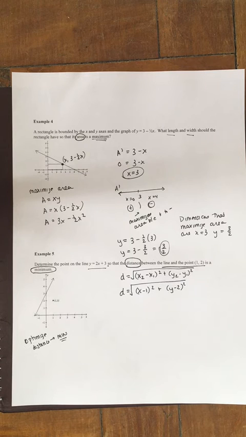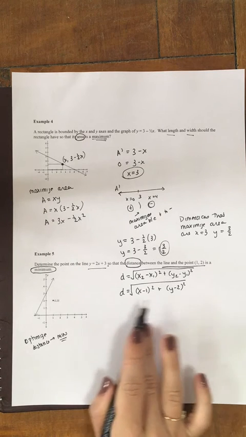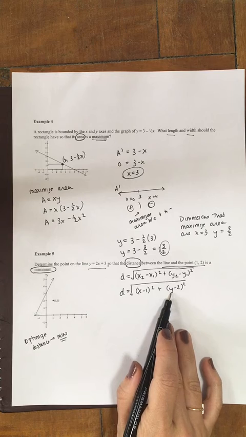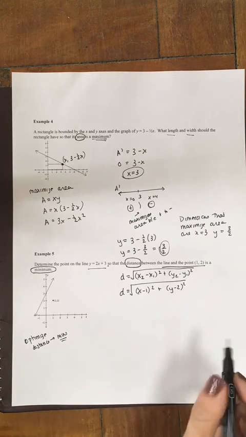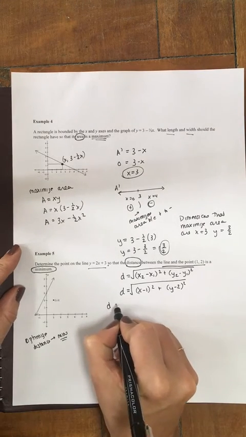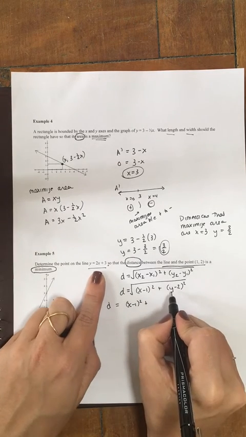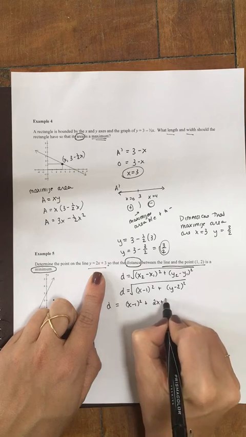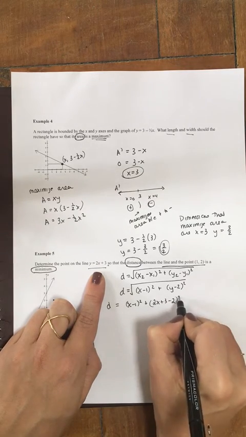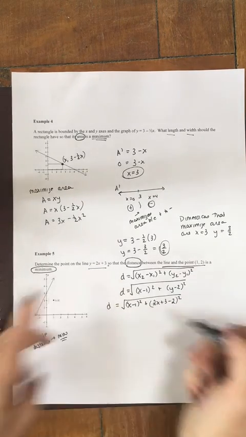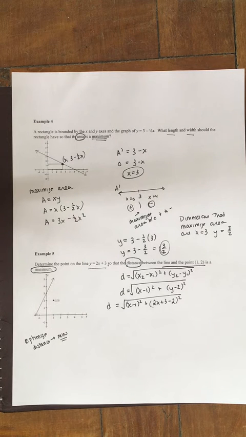And right now we've got an equation in 2 variables, but conveniently for us, we know what y is equal to. So we can say that distance is equal to x minus 1 squared plus, y is equal to 2x plus 3, so 2x plus 3 minus 2 squared, all square rooted like that.